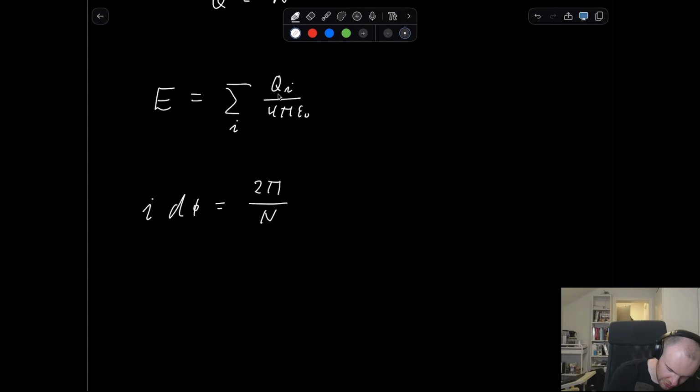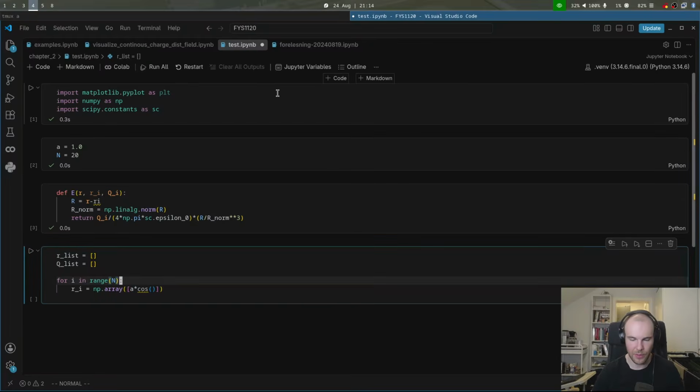I d phi is 2 pi. No, d phi is just 2 pi over n. And then I need i d phi. That's what I need, right? In order to cover the whole thing, from i equal to 0 up to, of course, n minus 1. That should be correct, shouldn't it? So I go all the way around.